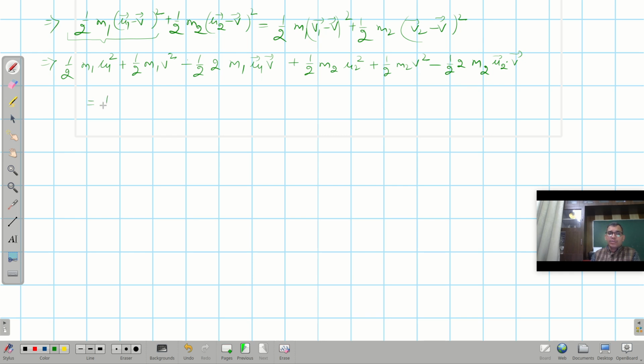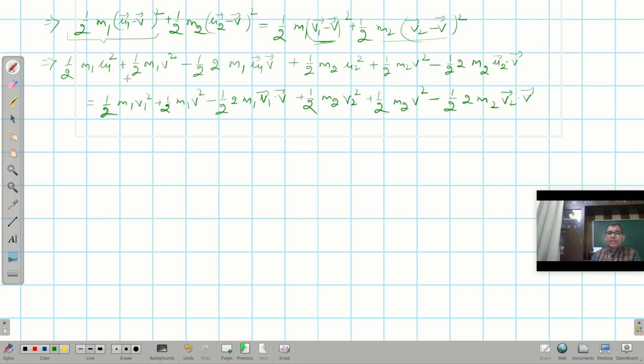This is further equal to half m1 v1 square plus half m1 v square minus half into 2 m1 v1 v, plus similarly, by expanding this, I get half m2 v2 square plus one by two m2 v square minus one by two into 2 m2 v2 v.